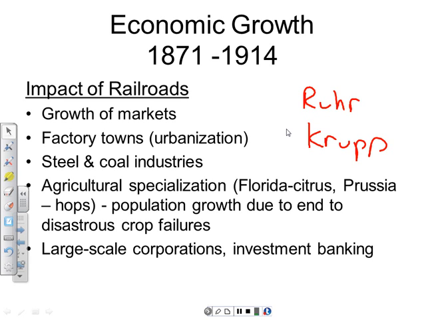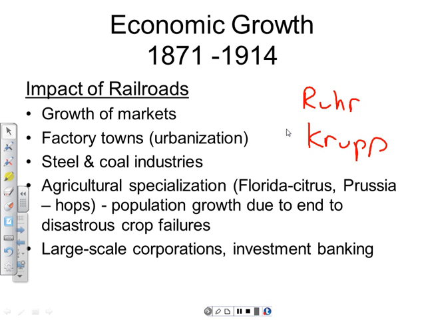Like in the late 19th century, Southern California and Florida became centers of the citrus industry, because you could grow lemons and oranges there, and they could devote all of their acreage to orchards and orange groves, because they didn't have to worry about raising food, because they could just bring that in on the railroad. So you see, that's what I mean by agricultural specialization.